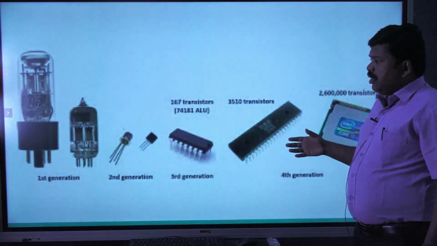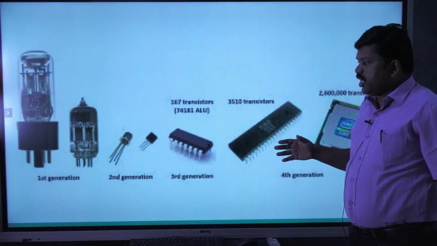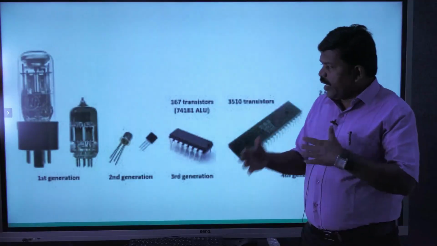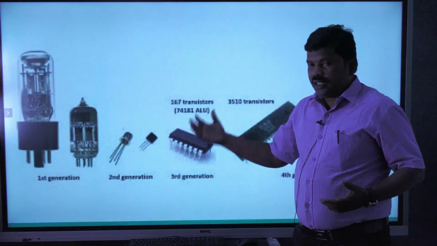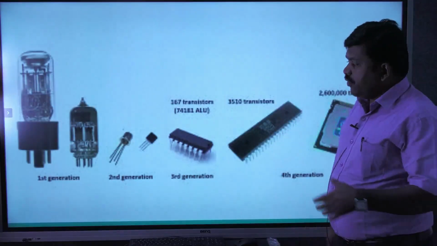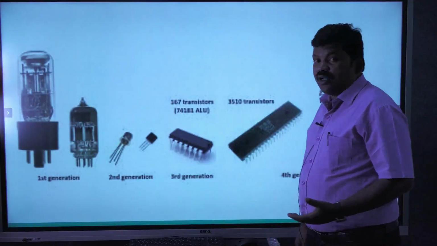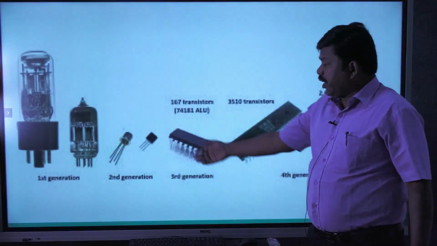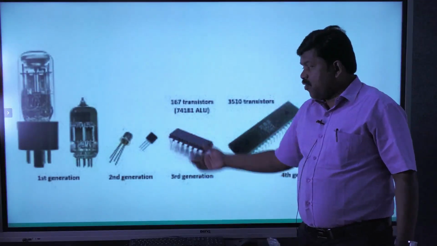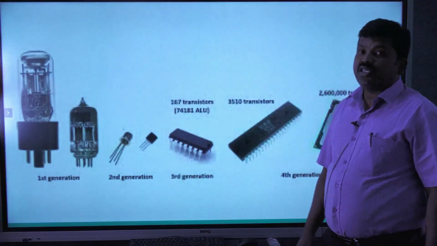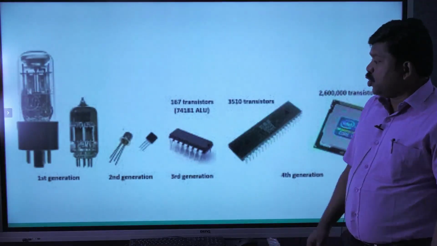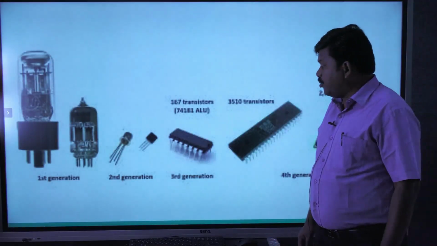So upon these four different generations, we can open any system. If I find that a computer has vacuum tubes, we can classify it as a 1st generation computer. If a computer is manufactured with the help of transistors, then we classify it as a 2nd generation computer.